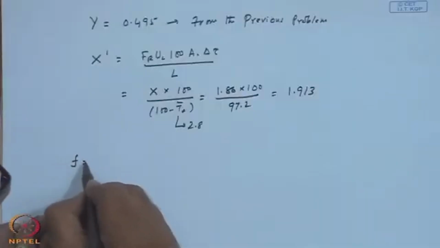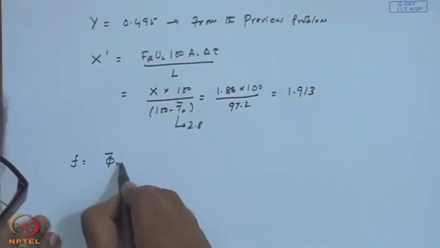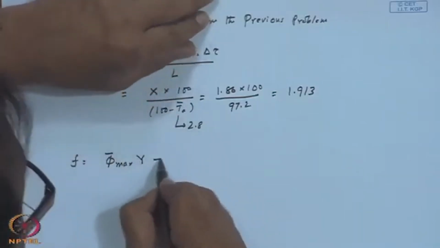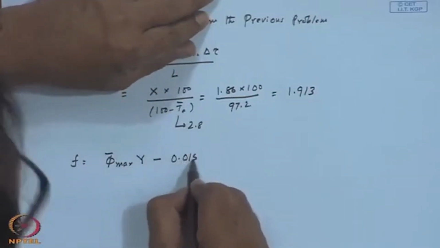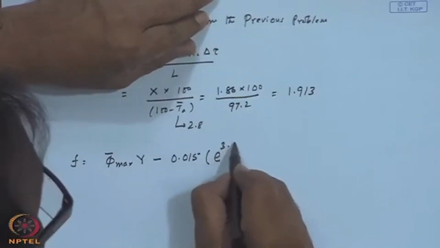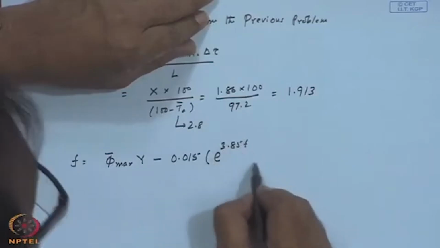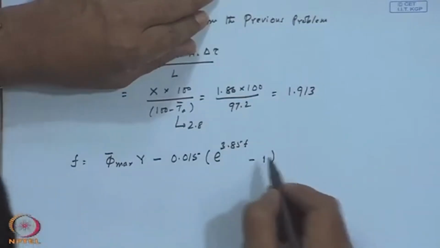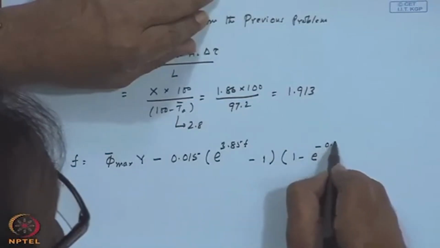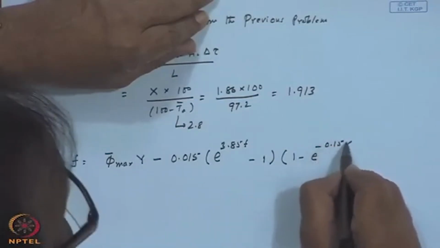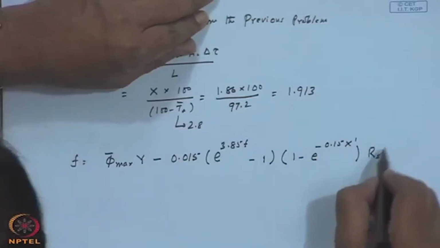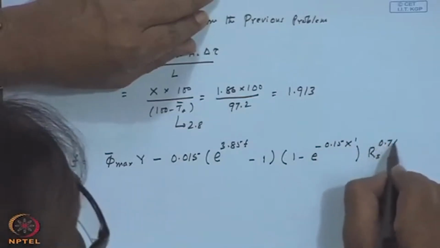F is equal to phi bar max y minus 0.015 e to the power 3.85 f minus 1 multiplied by 1 minus e to the power minus 0.15 x dashed times RS to the power 0.76.